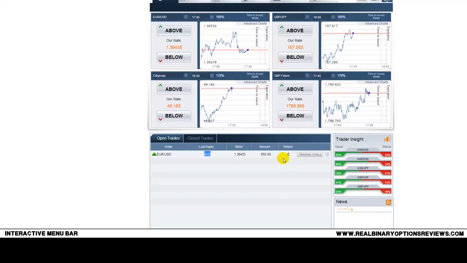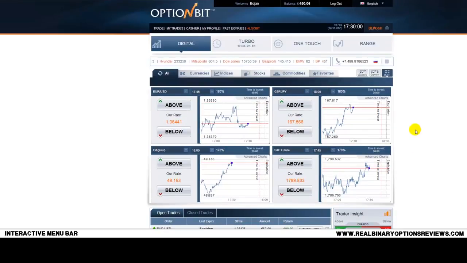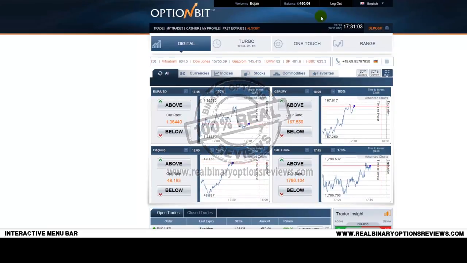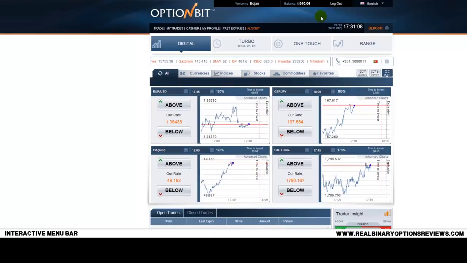So here you are seeing I'm getting the return of 90 euro for this trade, and it should show on my account balance. So you can see my account balance just updated, and the profit was added to my account.